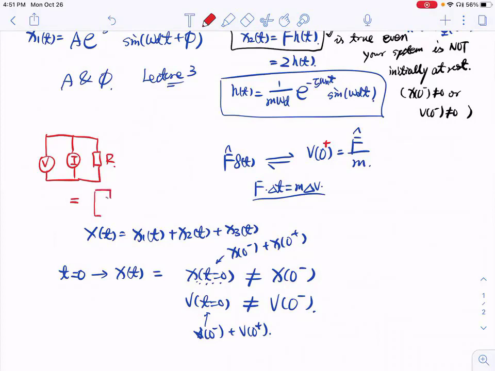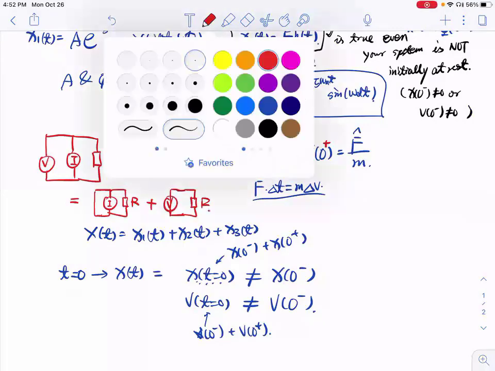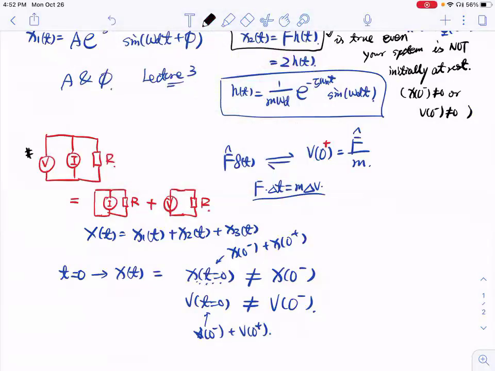So the first one is I over R, plus V over R. That might not be a good example. That's also called superposition. You can see here, you have 2 sources. One source is voltage, the other source is a current source.